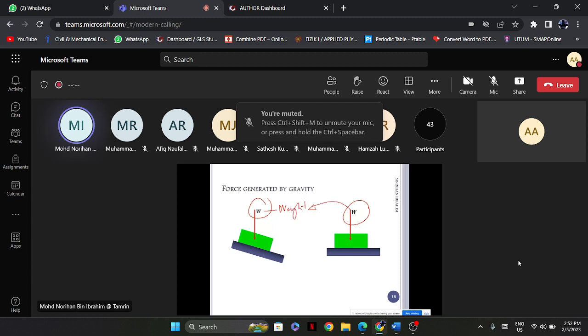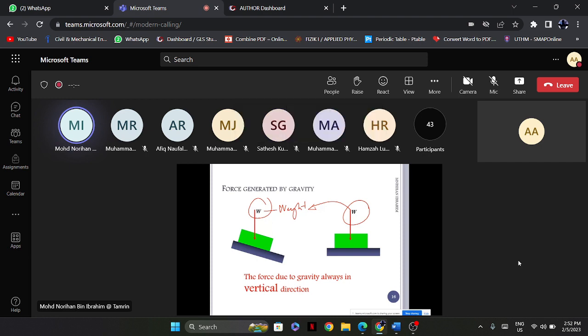If you look at this vector of weight, it is directed downward vertically. The force due to gravity is always in the vertical direction, not the horizontal direction. Force generated by gravity is always directed downward.